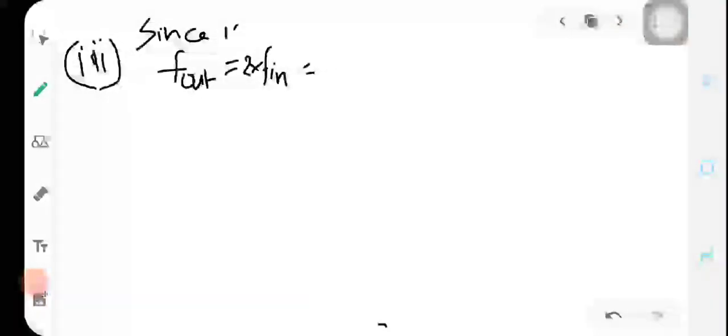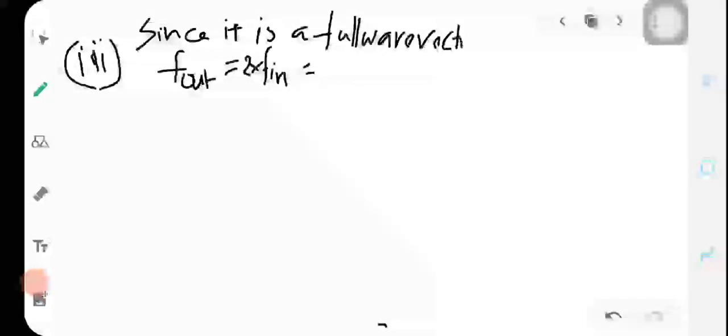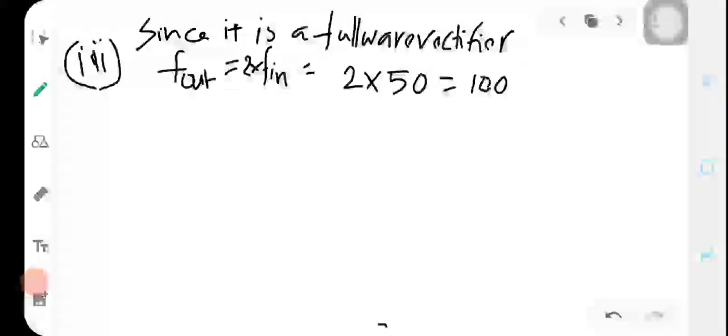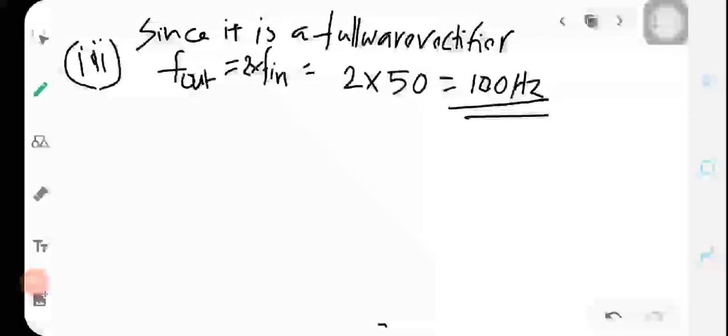Since it is a full wave rectifier, we can write F out is equal to 2 times F in, which is equal to 2 into 50, which is equal to 100 Hertz.